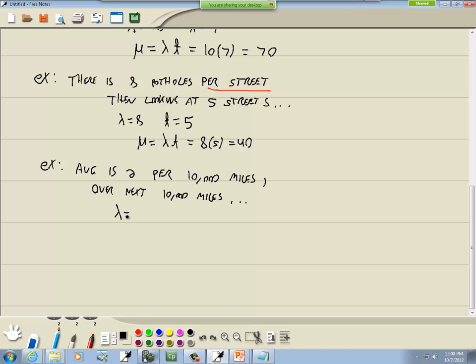So lambda here would be 2. This is saying per 10,000 miles. That's our interval. For our T, then, we look to see, it says over the next 10,000 miles. So it's only one of those intervals. So T would be 1. So our mu would be lambda times T, which would be 2 times 1, or 2.